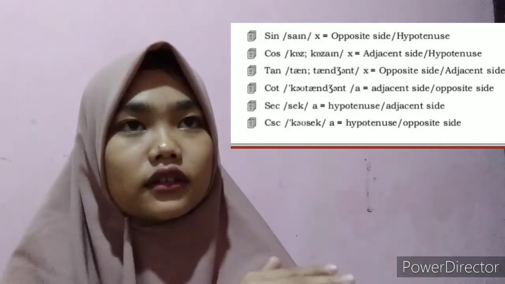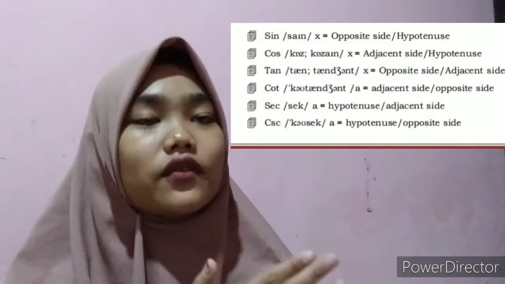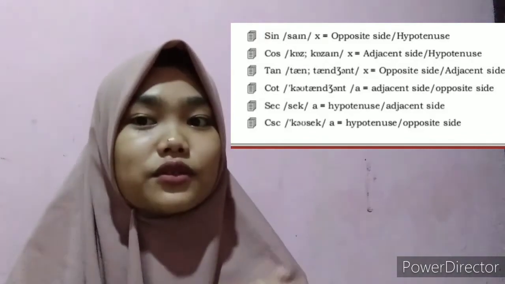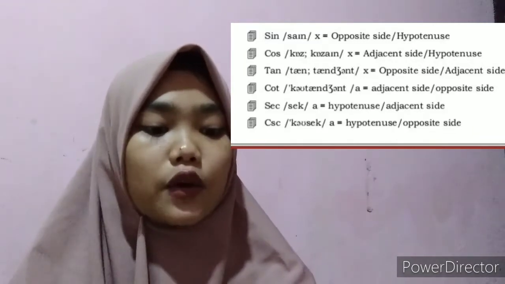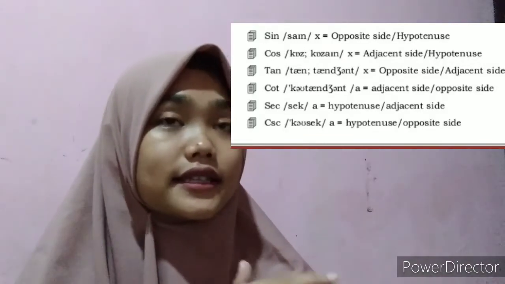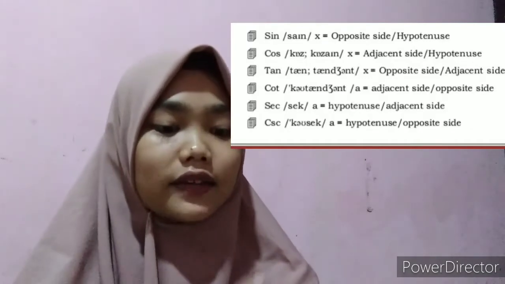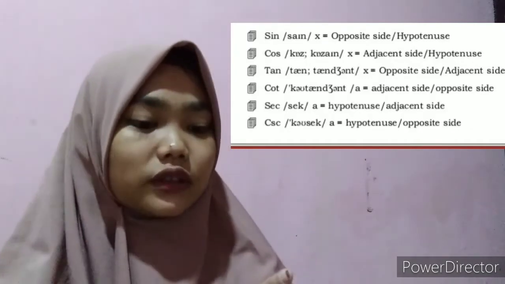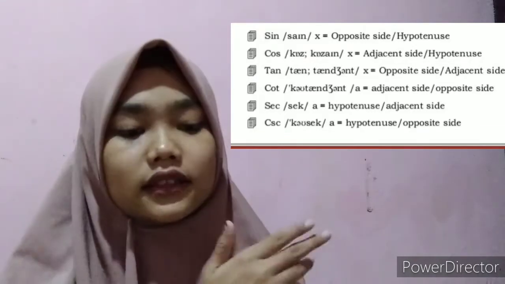Cos x is equal to adjacent side divided by hypotenuse. Tan x is equal to opposite side divided by adjacent side. Cotangent A is equal to adjacent side divided by opposite side.